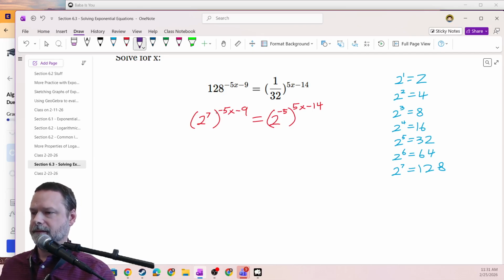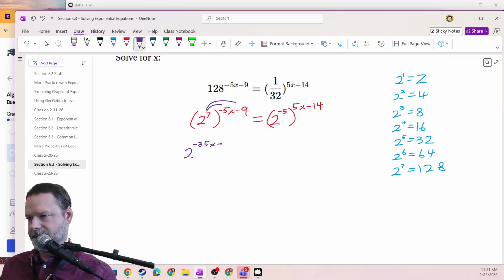Distribute, because a power raised to a power, we distribute. So this is really 2 to the negative 35x minus 63 equals 2 to the negative 25x. And we're distributing again.